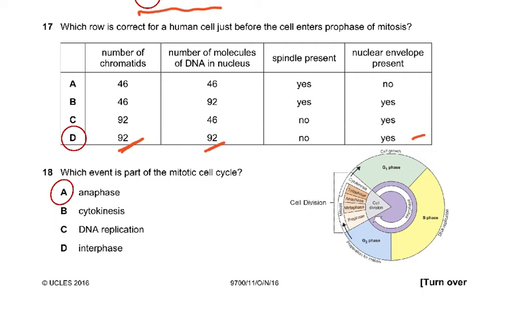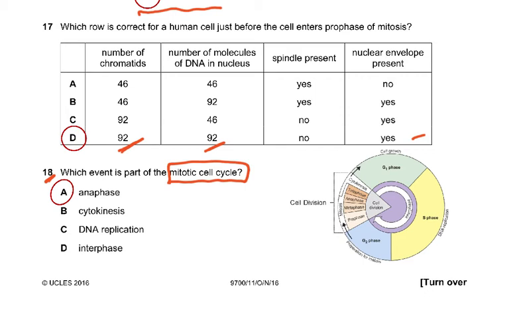Okay. Then we go on to the last question, which another student has just asked me the other day. Now question 18, which event is part of the mitotic cell cycle? Now at times they do refer to the mitotic cell cycle as a whole, which means the interphase and the mitosis, but you see here there were not many options.